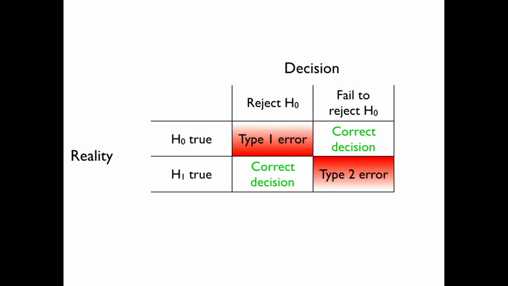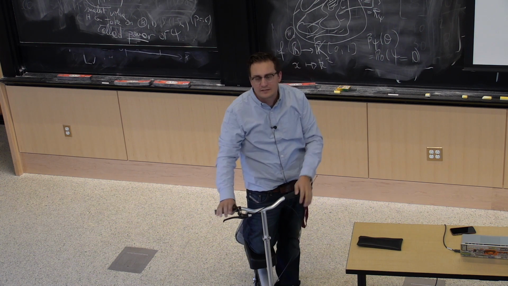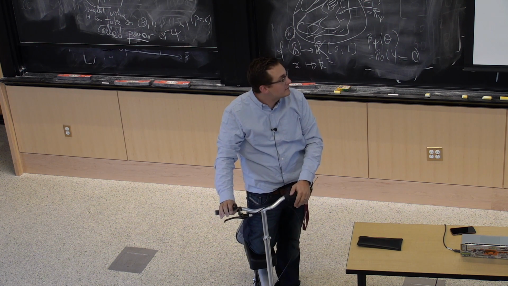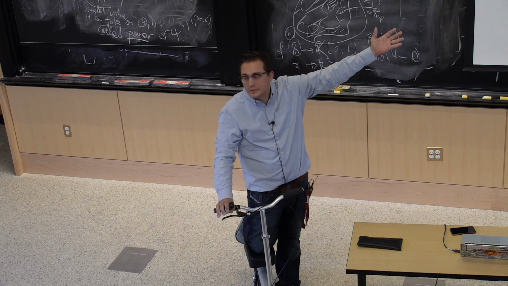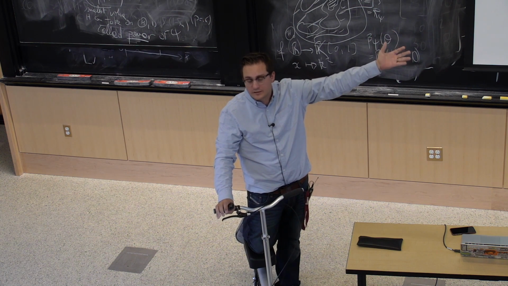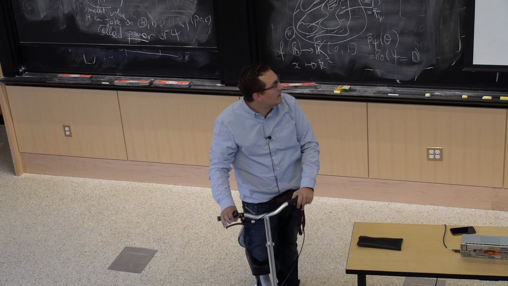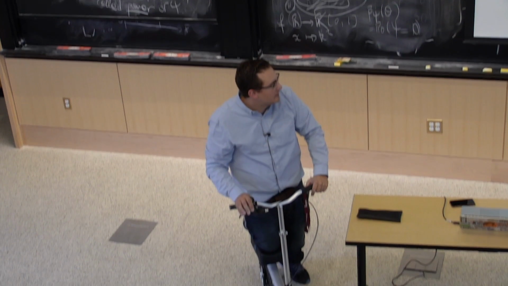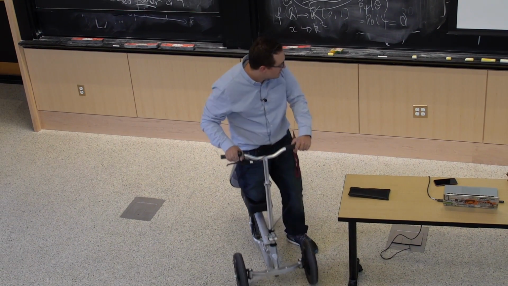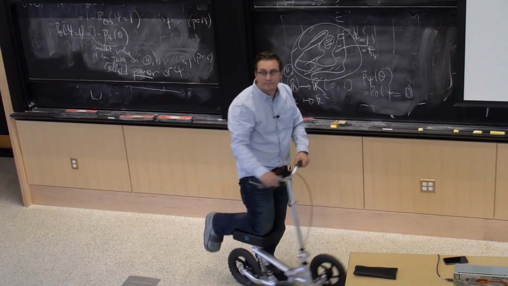So I only make errors when I'm in one of the red blocks. One block is the probability of the type 1 error, and the other block is the type 2 error. That's all it means. Okay? So you just have to know which one we called 1. I mean, this was chosen in a pretty ad hoc way.